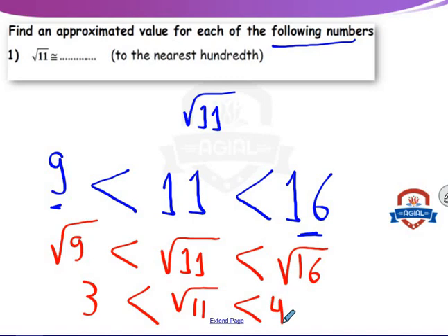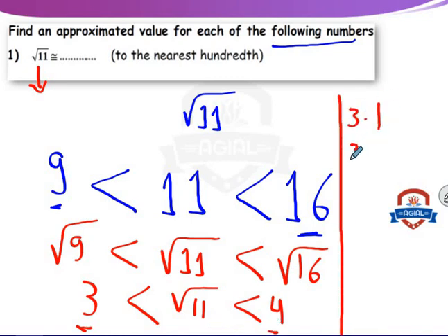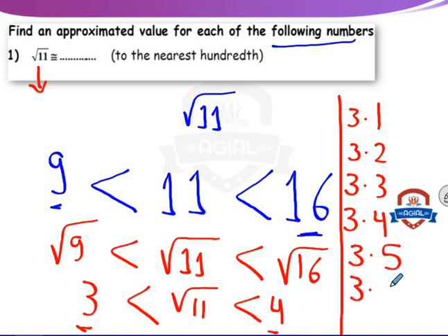So the square root here is in between 3 and 4. So here we have 3.1, 3.2, 3.3, 3.4, 3.5, 3.6, 3.7, 3.8, 3.9.